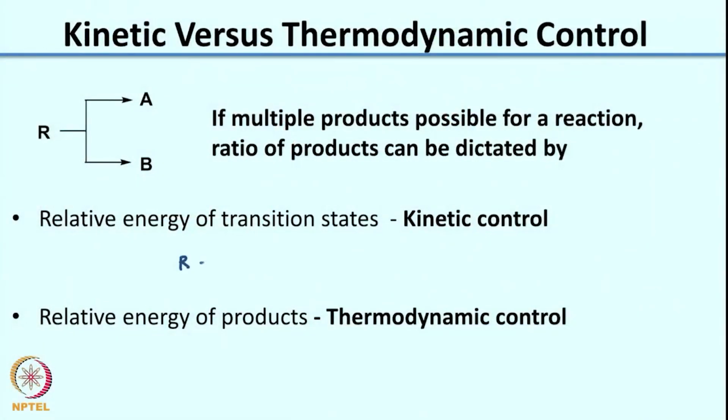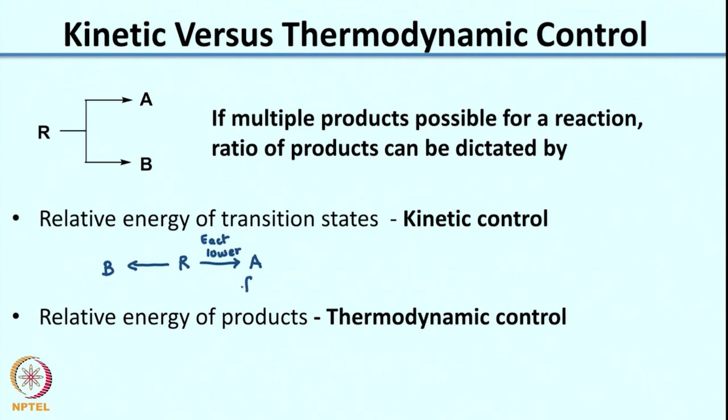Just to show you what that means. I have R, it can go to A or it can go to B. Let us say the transition state for formation of A is lower in energy, so basically E activation is lower.